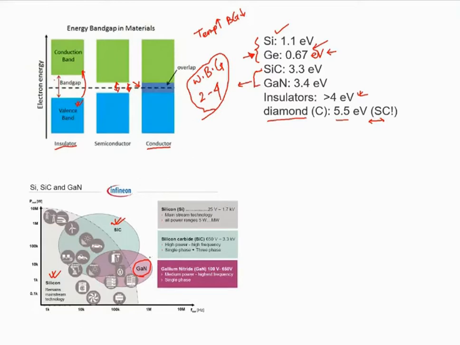Typically, as we move along, you will see that GaN devices are available in a rating of 100 to 650 volt, and silicon carbide devices are available generally for higher than that. So when you know your voltage rating, you can take a call on which device to use. Silicon is available in almost the entire range, apart from very high switching frequency. GaN is generally preferred when you have low to medium power and you want very high switching frequency.